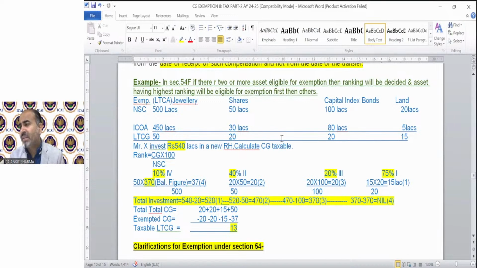Parthstrik is saying, sir, in section 54, only capital gain in CGAS, but in section 54F, net sale consideration in CGAS. In section 54 and 54F, they almost talk about the same provision. It says, for the purpose of getting the benefit under section 54, you have to invest only that amount, that is the capital gain value.